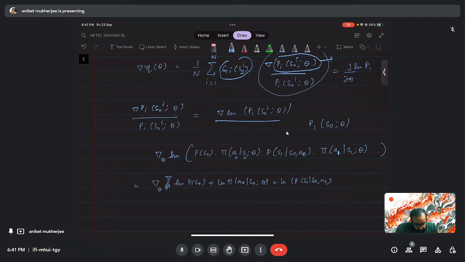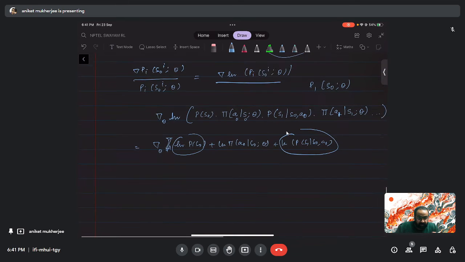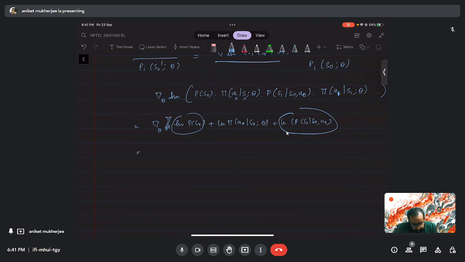As you see, all the transition probabilities don't depend on theta, so their gradient is zero. The gradient remains only over the log pi terms. A summation of logs becomes the log of a product, so that becomes grad log pi(a_i | s_i; theta), which equals grad pi(a_i | s_i; theta) divided by pi(a_i | s_i; theta).